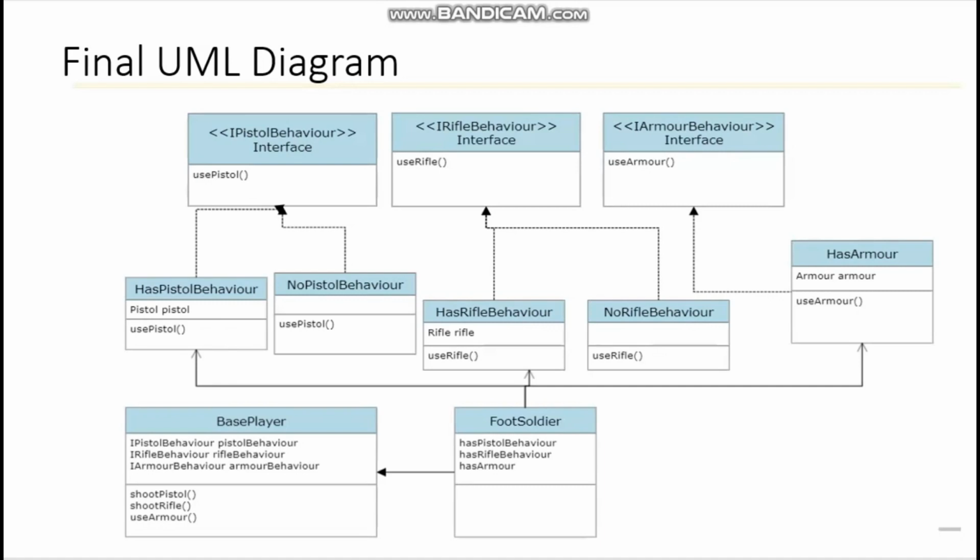So ultimately, the subclasses are going to inherit the base class, which is going to have just the common behaviors or the common properties. That's it. And the things that are changing, like the pistol behavior, the rifle behavior, and the armor behavior, are going to be interfaces. And the foot soldier can just have the required implementation of its choice.